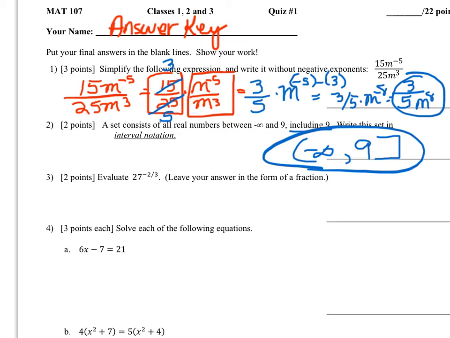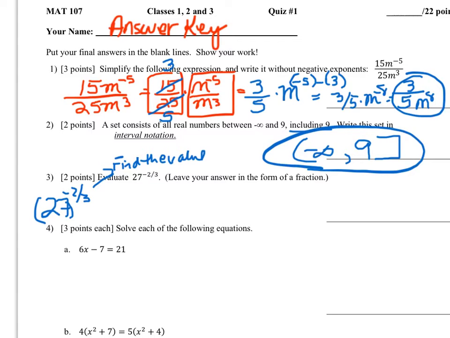The third problem asks us to evaluate, which means to find the value of 27 raised to the negative 2/3 power. So we have what we call a rational exponent, which means it's a fraction, and we have the base of 27.